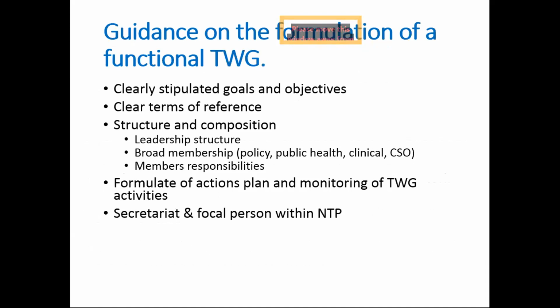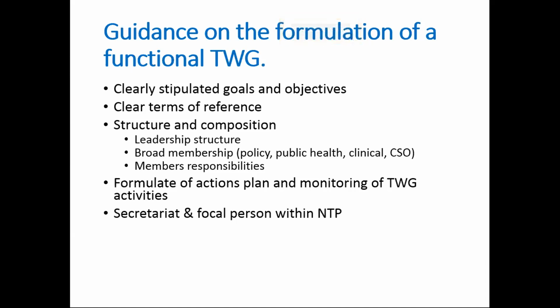And these are some of the guidance on how you could go about formulating a functional working group. So the working group should have clearly stipulated goals and objectives, and should have clear terms of references. It should have a good structure of composition. It should be well defined with a clear leadership structure and broad membership, which can be tapped from players at the policy level, public health level, clinical, and civil society organizations.